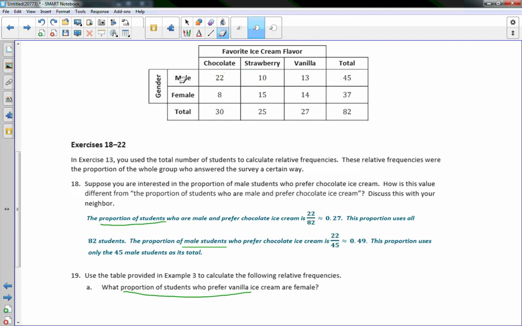The table's getting a little messy. So, proportion of students who prefer vanilla ice cream. So we're just focusing on the vanilla. That's right here. Of those, how many are female? So the proportion would be 14 out of 27, which is approximately 0.52 or 52% of the population.